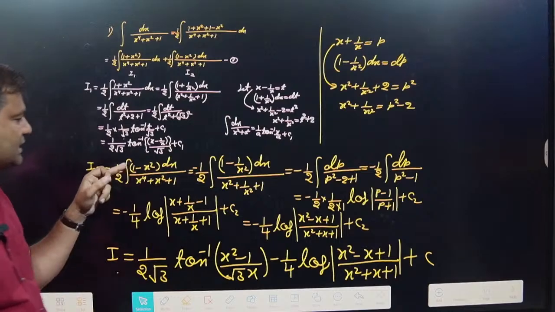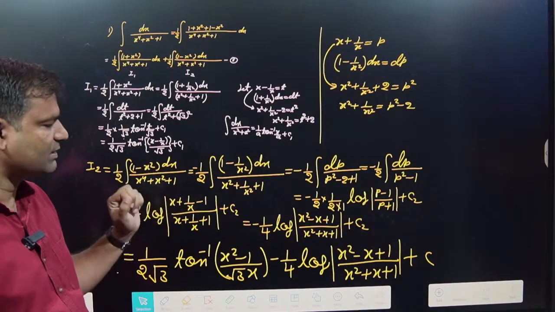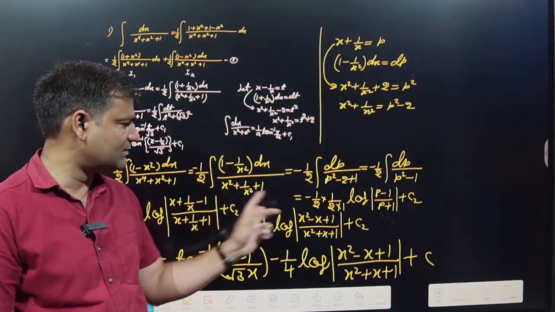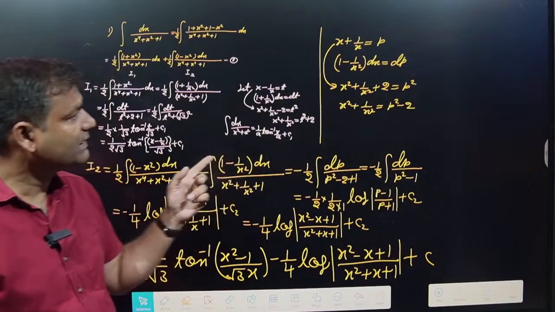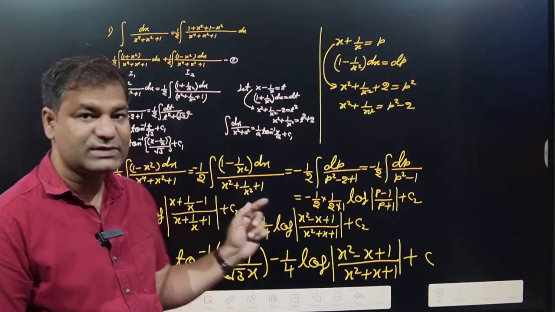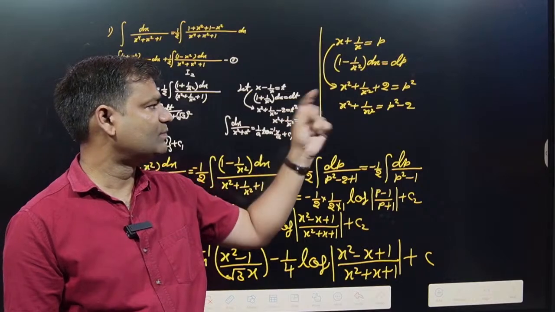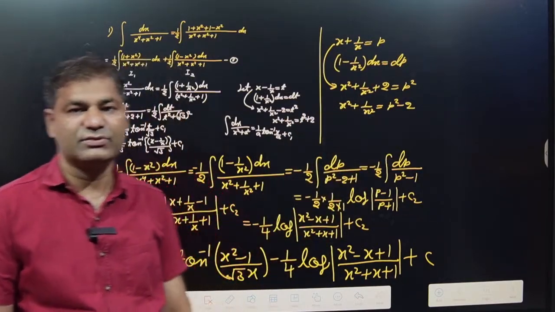1 by 2 integration of (1 minus x square) dx divided by x to power 4 plus x square plus 1. Now if x square divided by x square, then we got like that one, and also minus 1 common. After that, here look, x plus 1 upon x is p, then this one dp, and x square plus 1 upon x square replaced to p square minus 2.